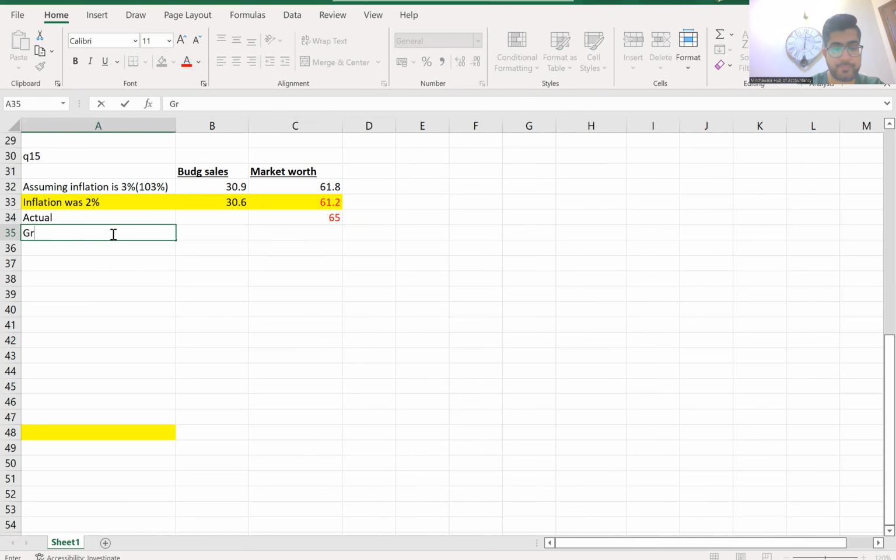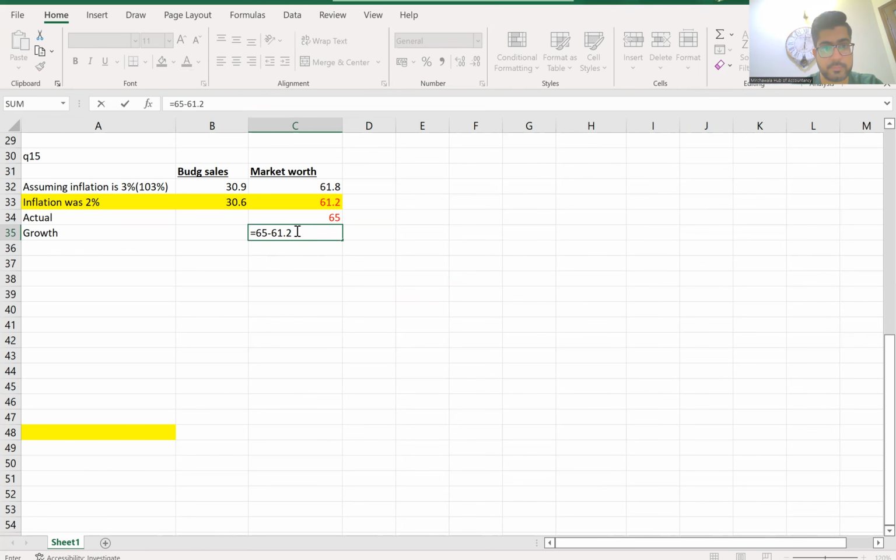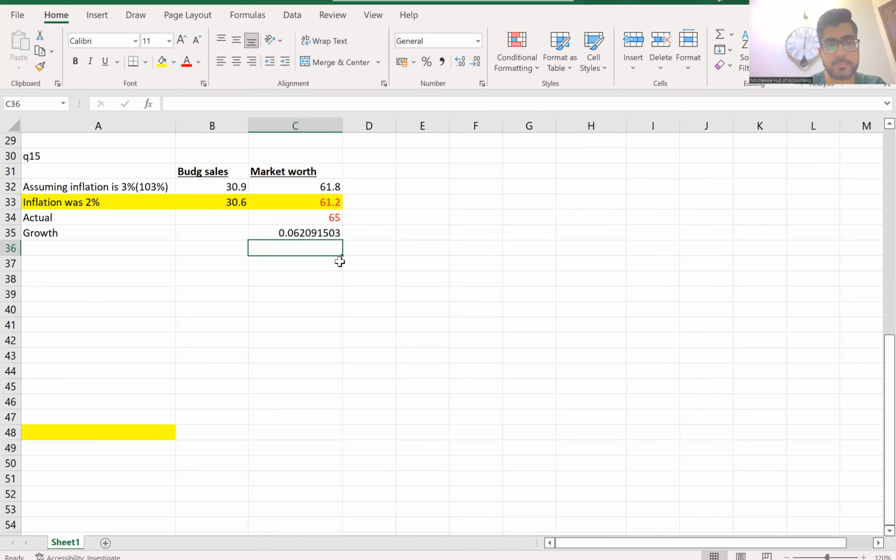That means growth of market was, take the difference, 6.2%.